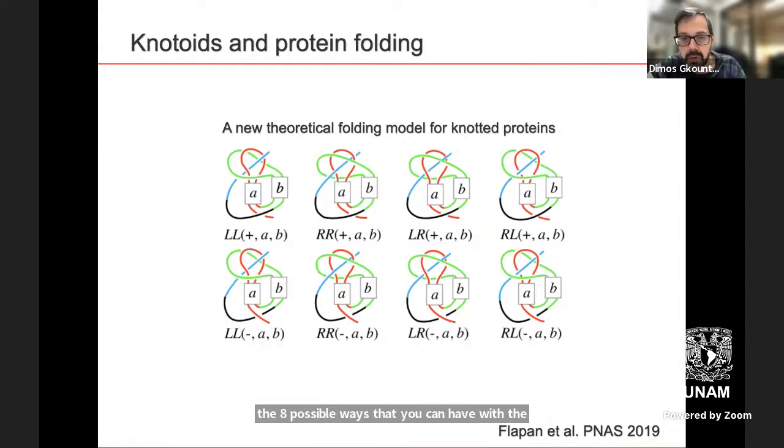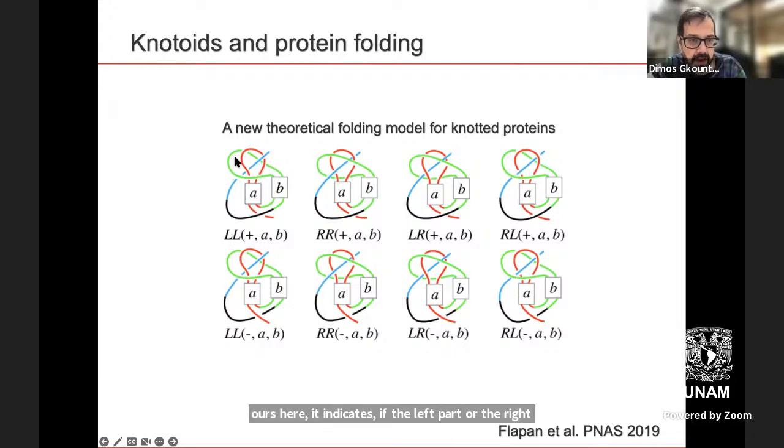There is nothing more. And she characterizes this model with some various structures here, and she has like 2 letters that indicate, as you can see, we have 4 colors here: green, red, blue, and black. So the 2 L's or R's here indicate if the left part or the right part of the red and the green is over the blue one.